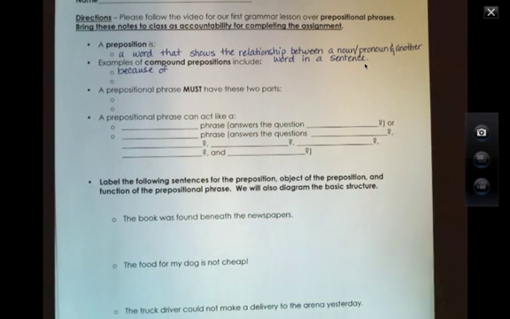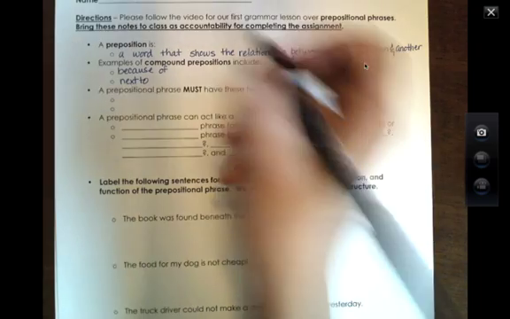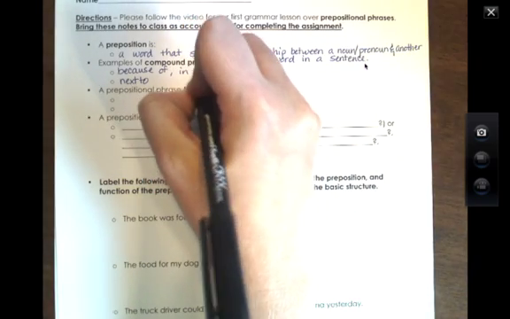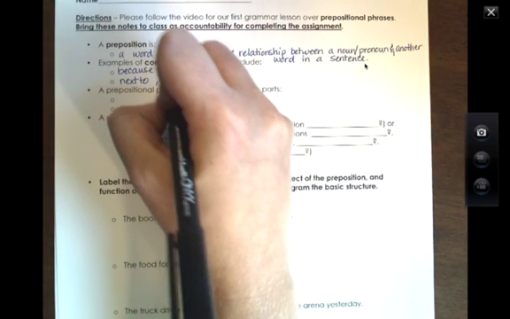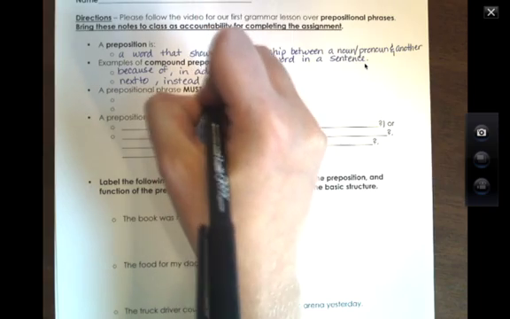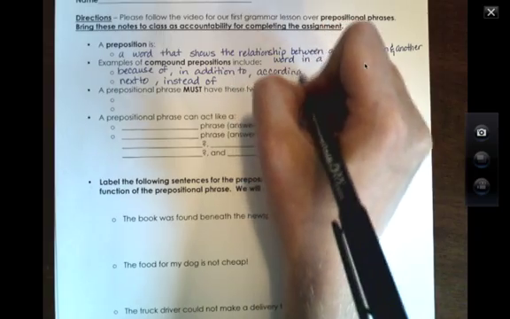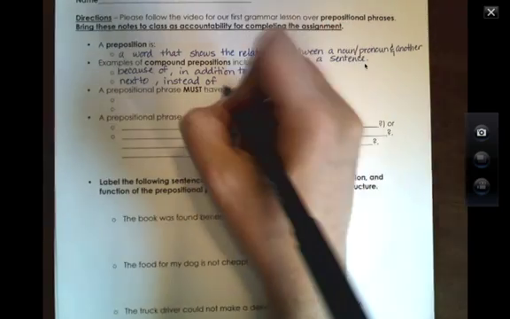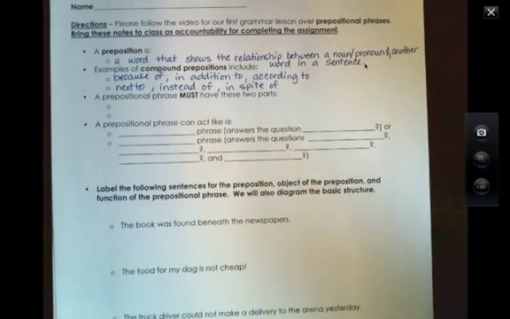I'm trying to give you some pretty common ones that you'll see often: next to, in addition to, instead of, according to, and then in spite of. Those are some common ones. Of course, like I said before, with the number of prepositions that we have, there are others.